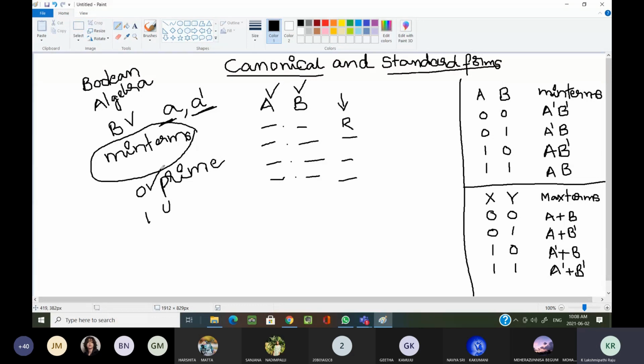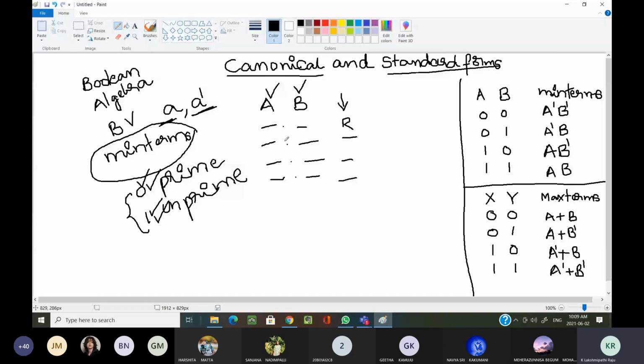That means 0 means complemented form, 1 means uncomplemented form, or its normal form. This point you should remember whenever you are writing minterms.